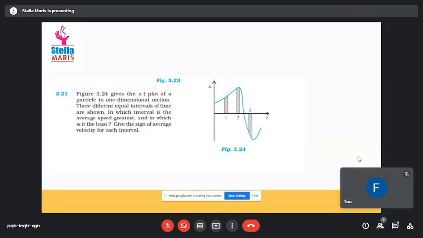Okay. So, Disha, you said it is second. What about others? Soumya, sir. Oh, sorry, Soumya. Okay, thank you. You said it is 2, the second interval. What about others? Anybody?